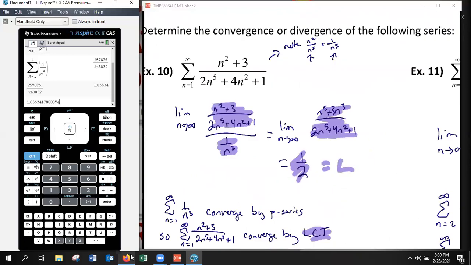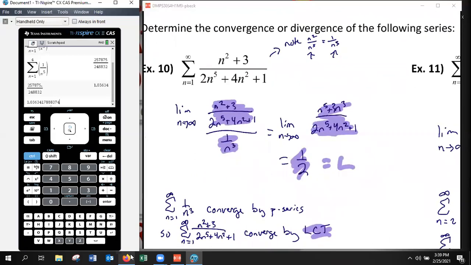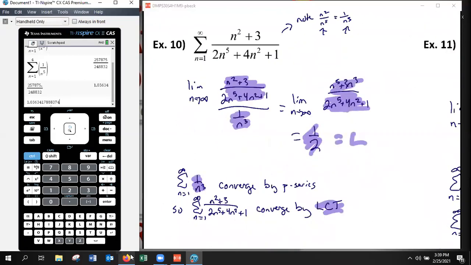But since this limit is a number, then 1/n cubed as a series converges by p series, then the series that we have also converges by the limit comparison test.